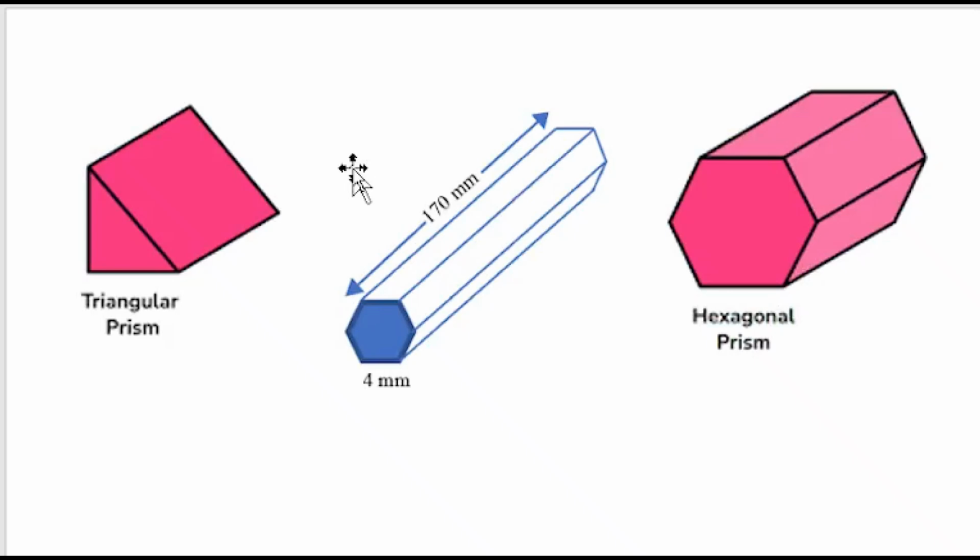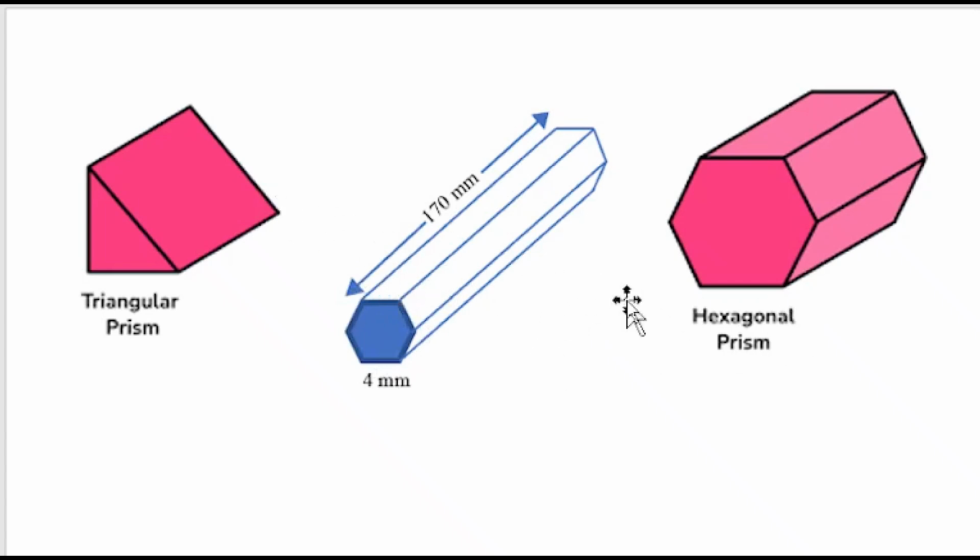Now this is a prism. You can see that it is like a cylinder, but the top and bottom are not circles. It can be a triangle, a hexagon, 6 sides, or 4 sides.